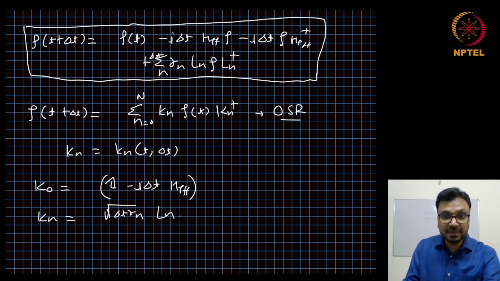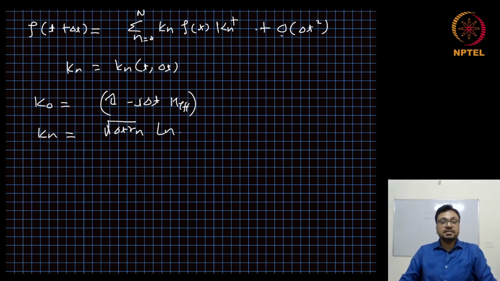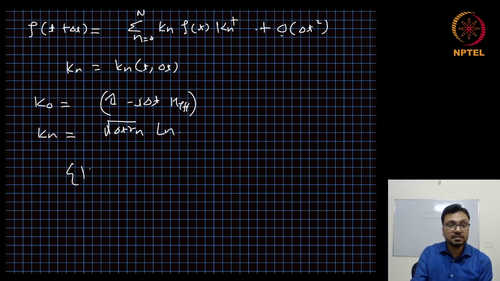In this representation, we are discarding the delta t squared term. So what we have done now is we have represented the Lindblad master equation, or the solution of that, in terms of a small time step evolution, and that evolution is governed by the Kraus operators Kn, where n is from 0 to capital N, and they are given by the effective Hamiltonian, which is non-Hermitian, and the Lindblad operators.